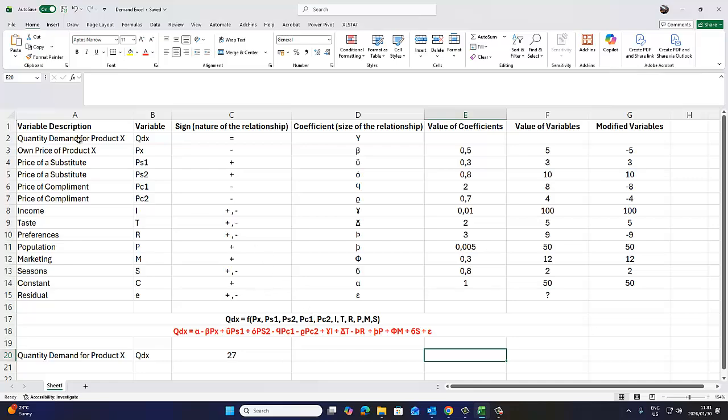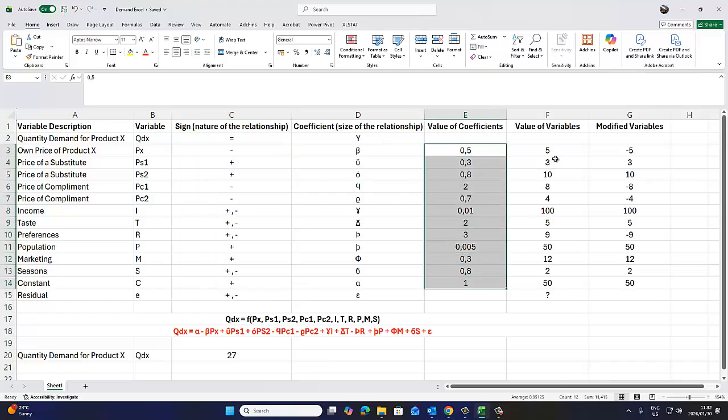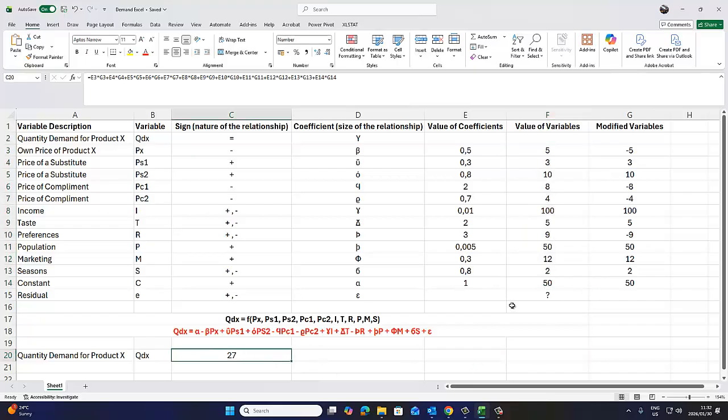So now obviously 27 is the quantity demand for product X, given these variables, given the relationship, given the value of the coefficients, given the value of the variables. So our quantity demand in this instance is 27.